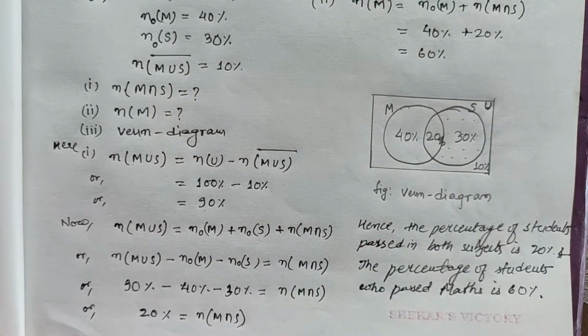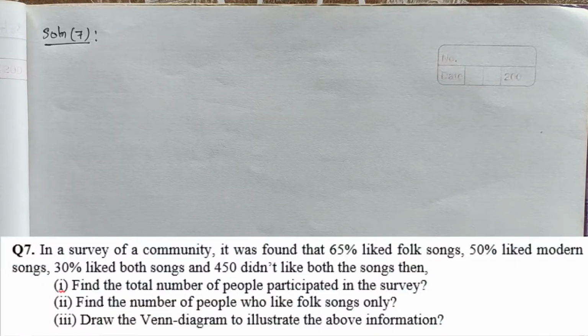Question number 7. So while solving question number 7, I have to explain the question first. If you read the question, it says 65% like folk songs, and 50% like modern songs, and 30% liked both songs. Intersection is given 30%, but here 450 did not like both songs.